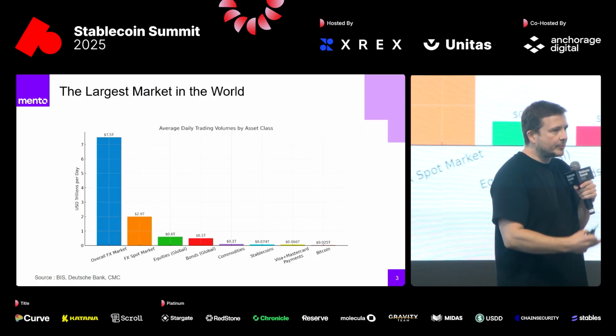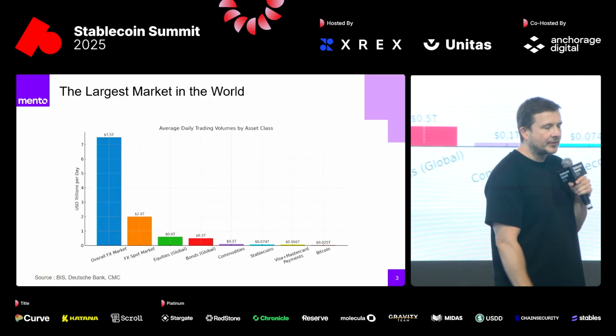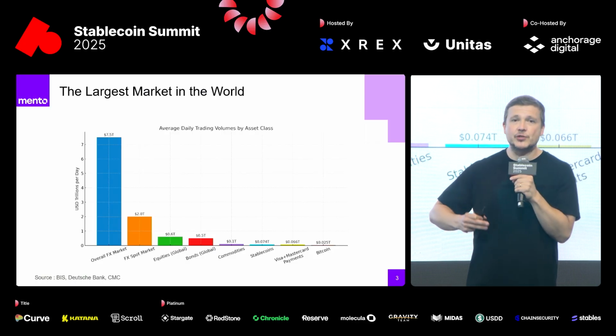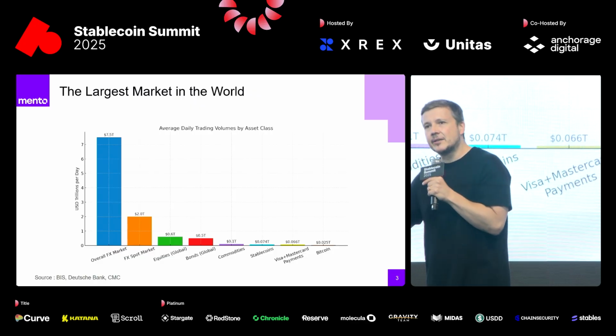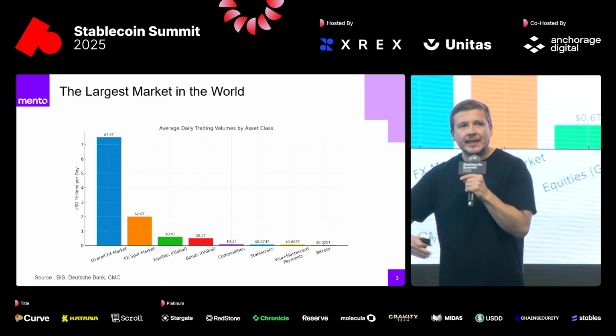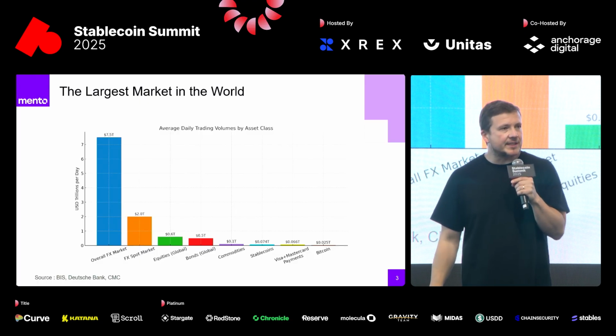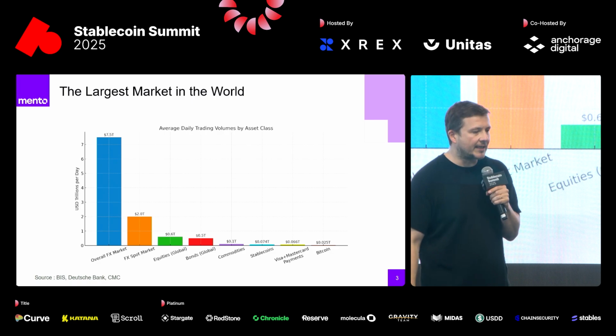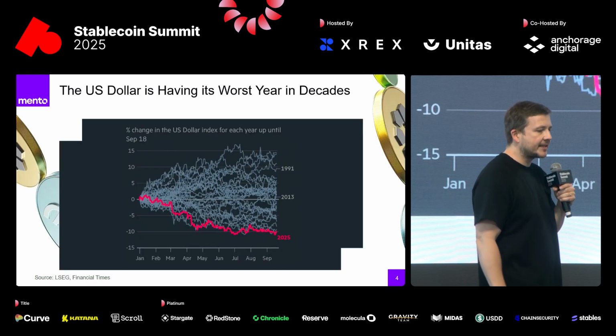As I mentioned, $7 to $7.5 trillion in average trading volume every day, and a bit less than a third of that is actually the spot FX market, which is $2 to $2.5 trillion in trading. So it's a huge market.